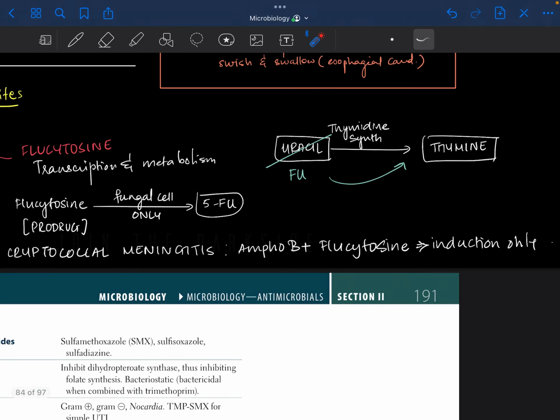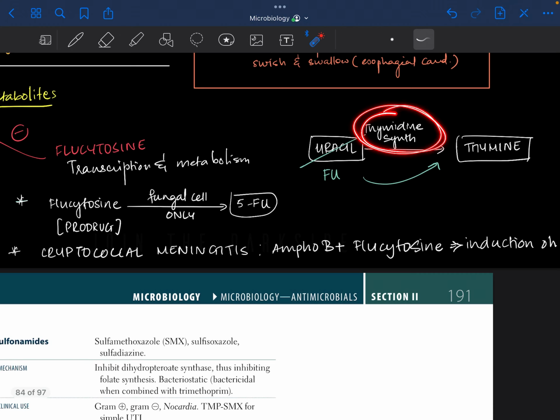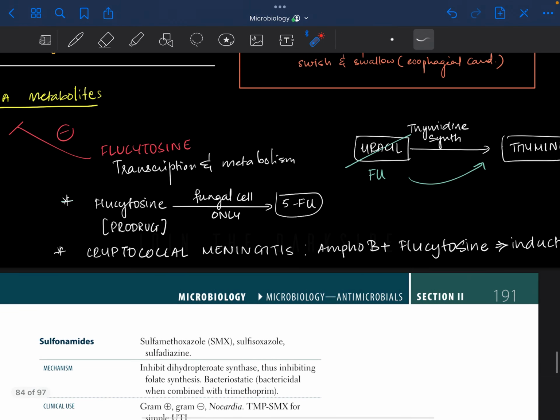Now in DNA synthesis, uracil is converted to thymine by an enzyme. But instead of uracil, if you're giving fluorouracil, it can't be converted to thymine, right? So this will not happen, and it acts as an antimetabolite by inhibiting transcription and metabolism.